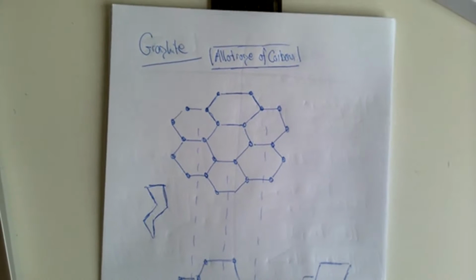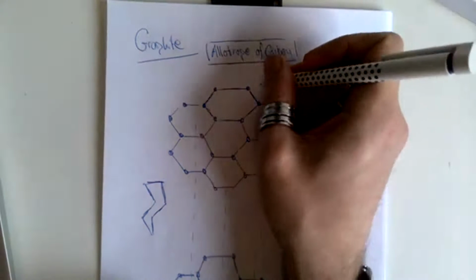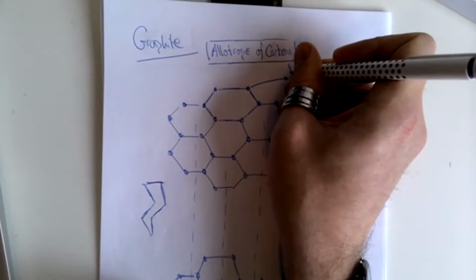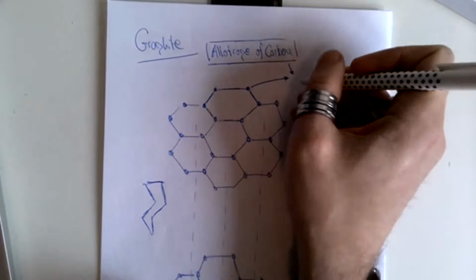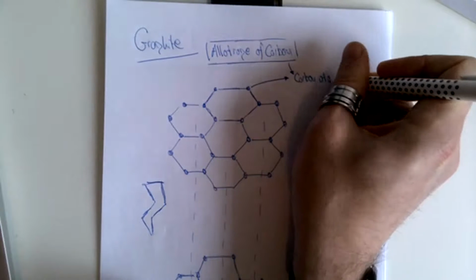Now, whereas previously you've looked at diamond, graphite is slightly different. We noted that the similarity obviously here is that it's made exclusively of carbon atoms.